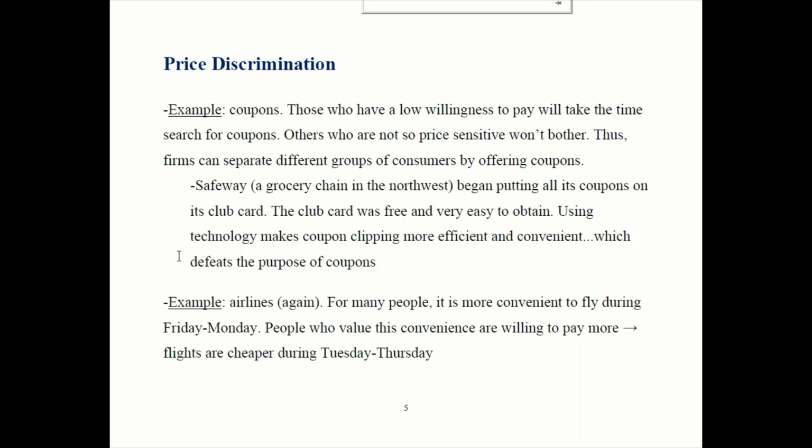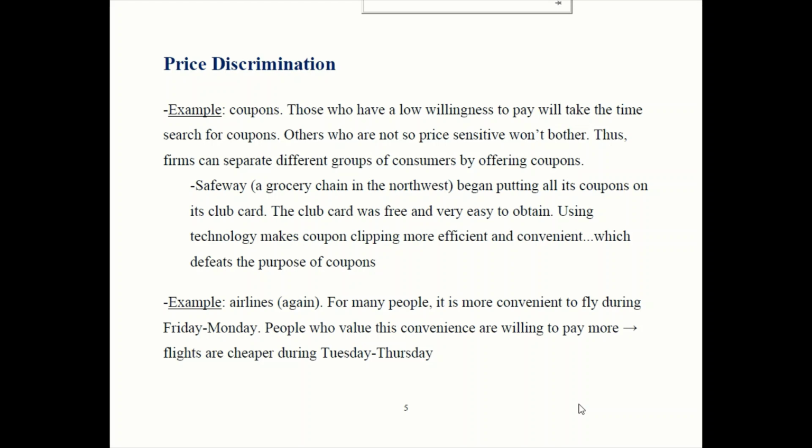I'll go back to airlines again for yet another example. The most convenient time to fly for most of us is the weekend, or Friday and Monday. Most workers get the weekend off, so if you leave on a Friday or on Saturday morning and come back on Monday, you miss very little work. As a result, the ticket prices on Friday through Monday tend to be substantially higher than they are during the rest of the week.